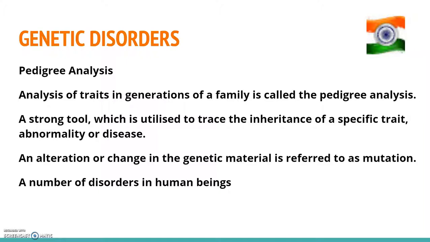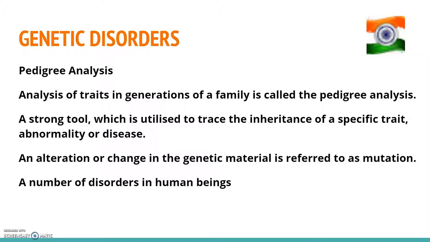Each and every feature in an organism is controlled by one or the other gene located on the DNA, which is present in the chromosome. We know that already. DNA is the carrier of genetic information, and it is transmitted from one generation to the other without any change or alteration. But changes or alterations do take place.